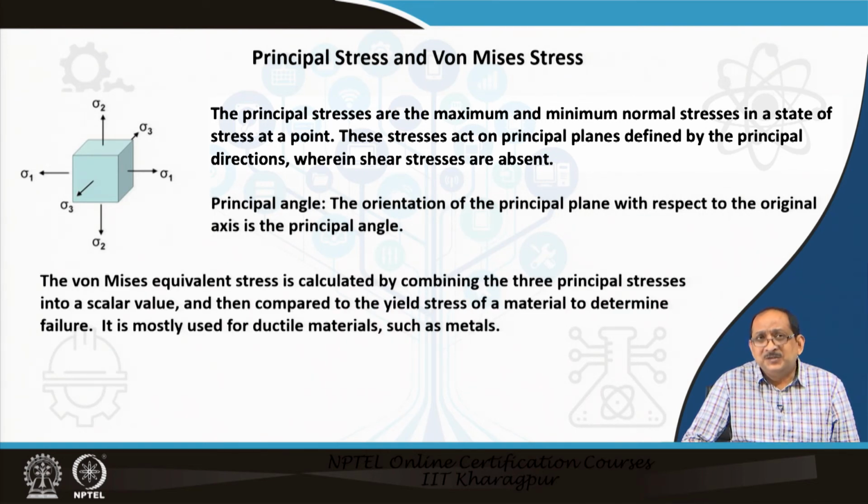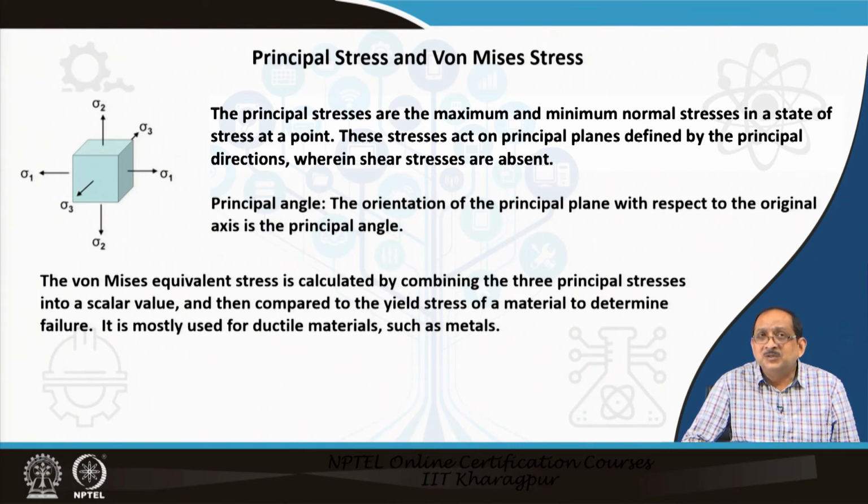The von Mises equivalent stress is a very useful scalar quantity that is calculated by combining the three principal stresses. Thereafter, this value is compared with the yield stress of a material to determine failure.